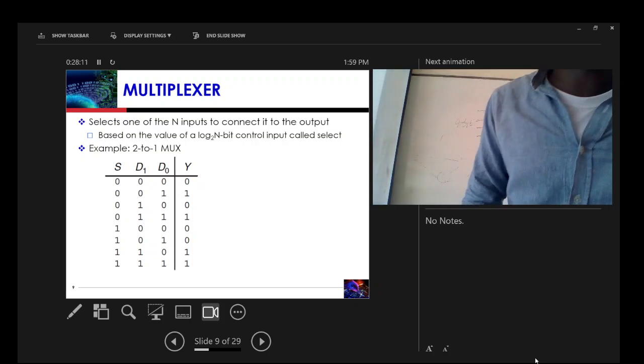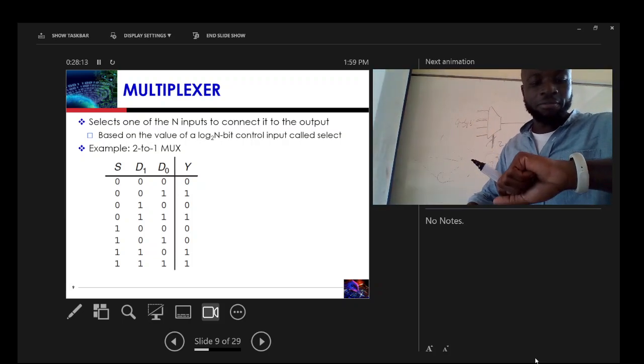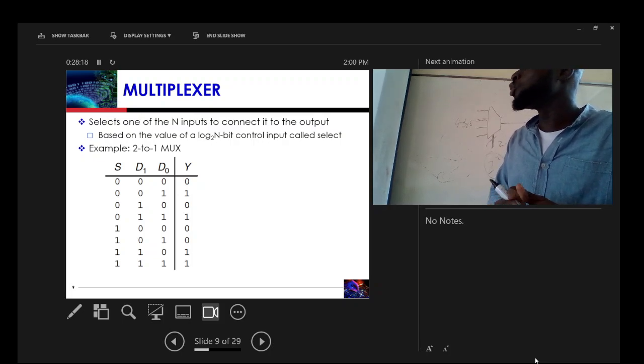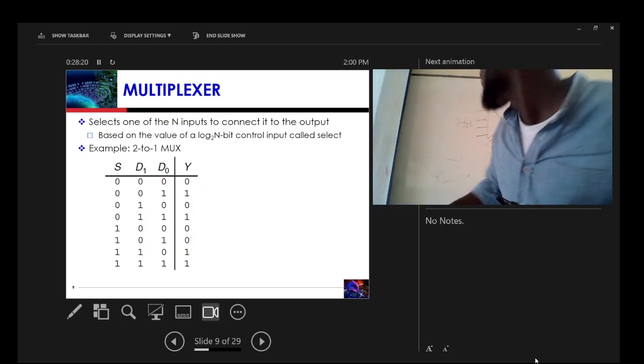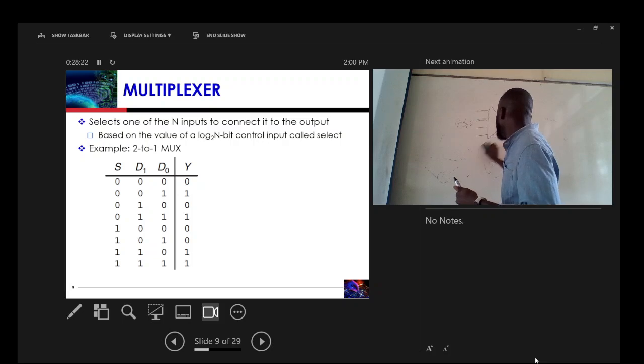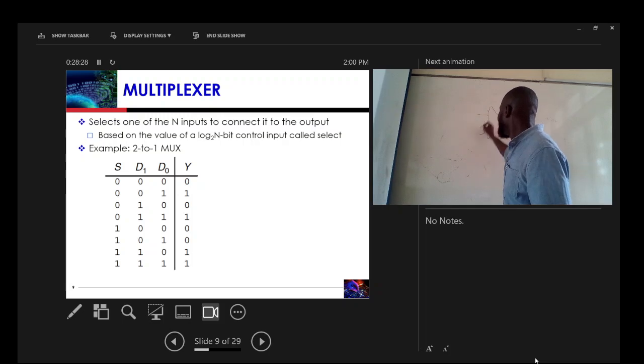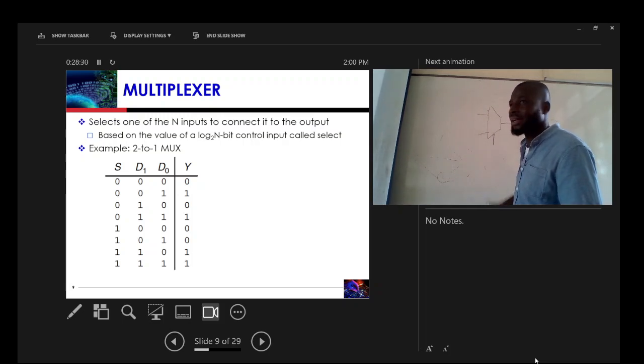Now this is the truth table of your typical 2 input multiplexer. The 2 input multiplexer just means that you have 2 inputs, and the select is just 1 bit.